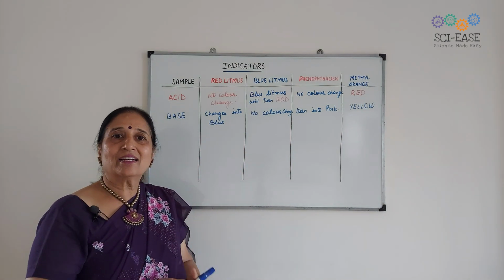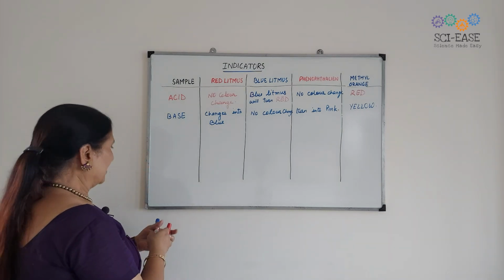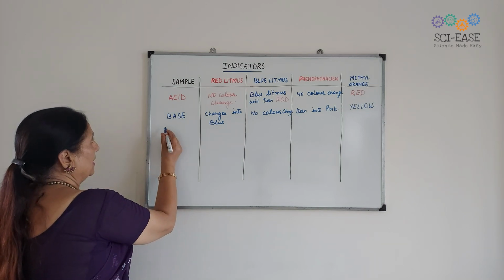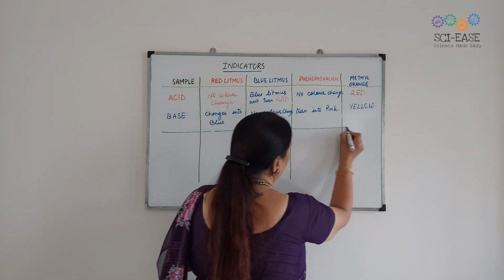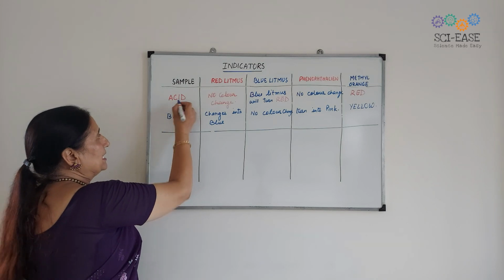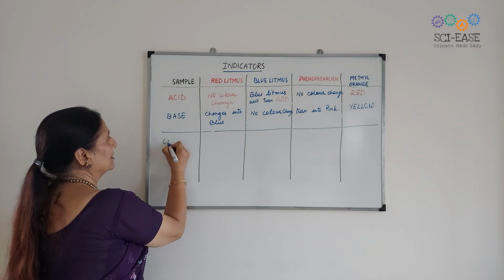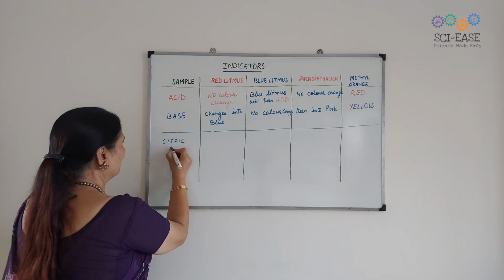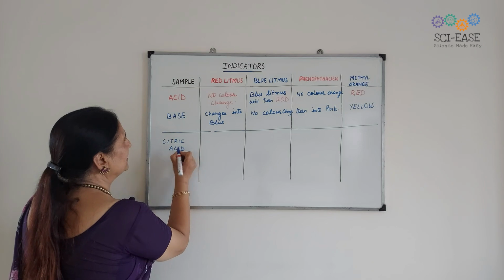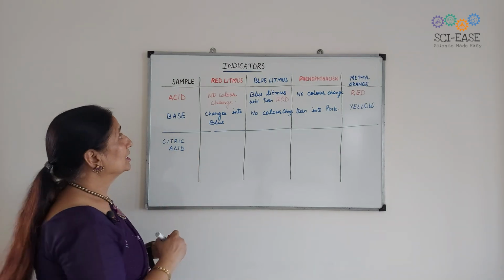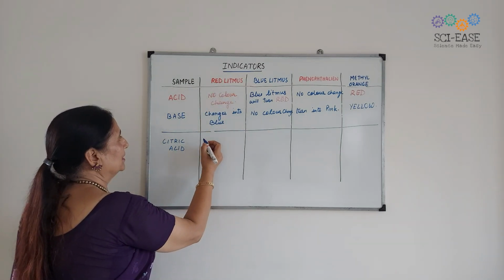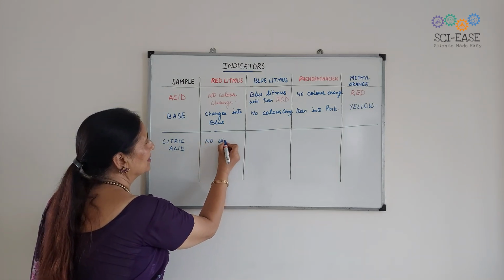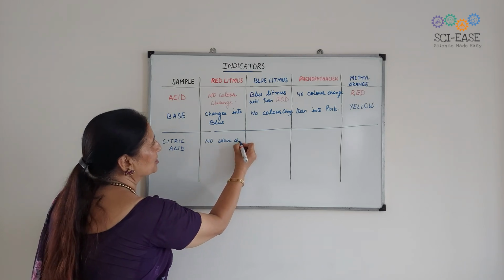Now we can take some examples. I have taken acid, that is citric acid. In citric acid, when I will put red litmus paper, then there will be no color change.